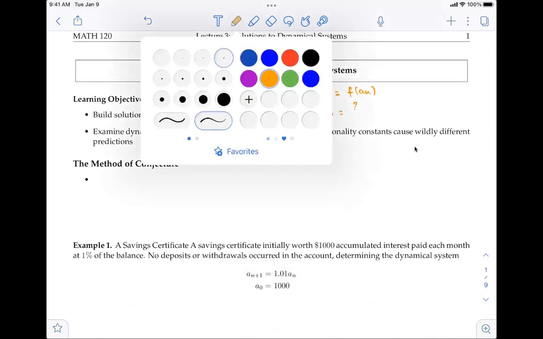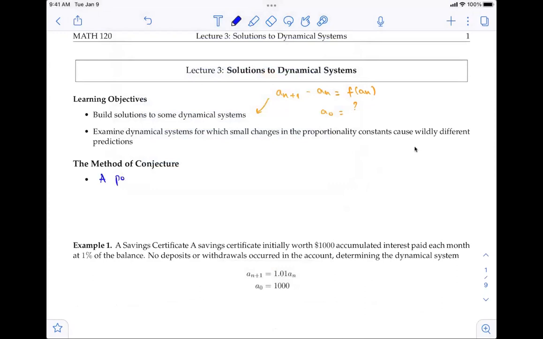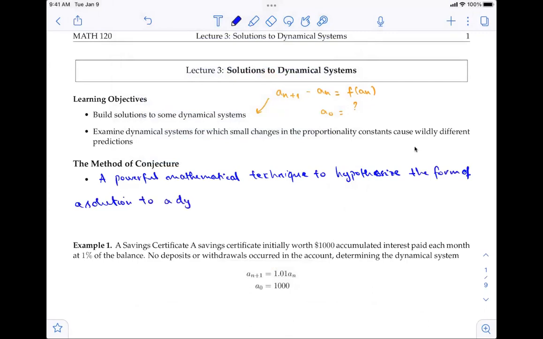This is a very powerful mathematical technique to hypothesize the form of a solution to a dynamical system and then to accept or reject the hypothesis.